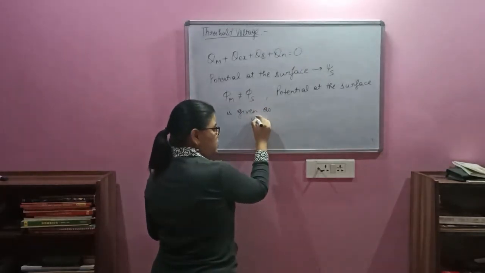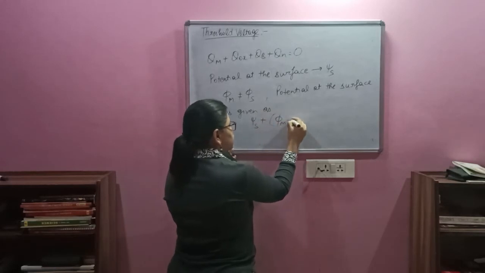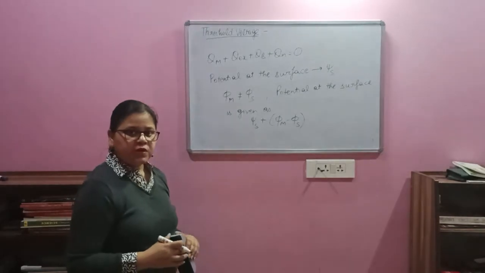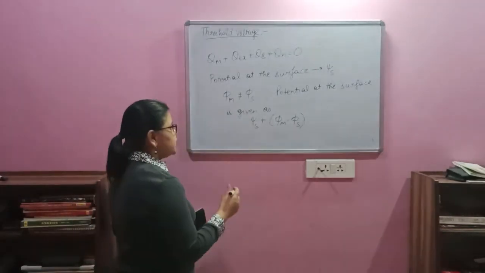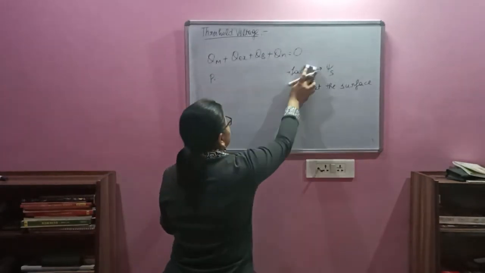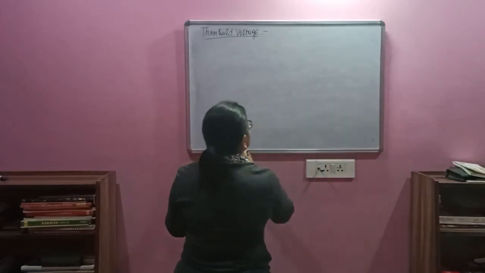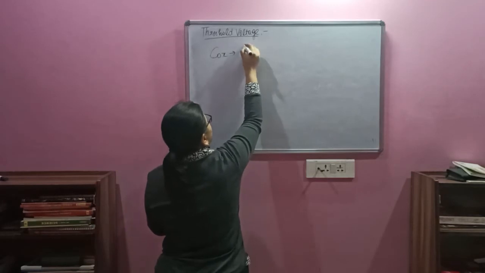is given as psi s plus the work function difference. So this is another parameter which we should consider over here. Now after this, a very important parameter which is again used for the derivation of threshold voltage is the oxide capacitance, which is denoted as Cox.